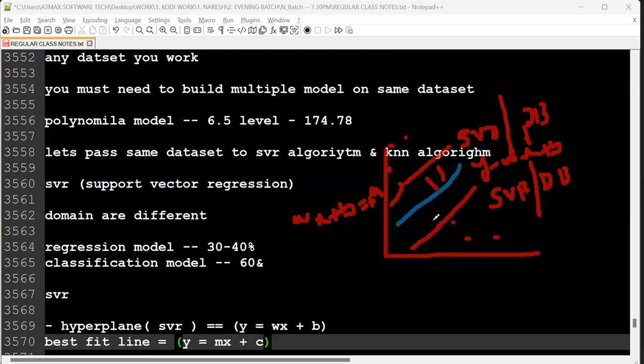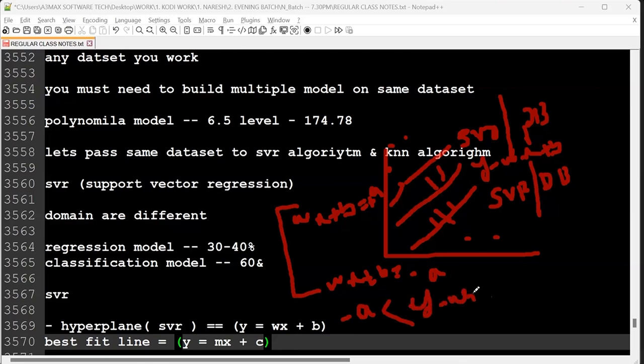This is negative distance. So that's why I can write Wx plus b equal to minus a. Hence, I can find the final equation: minus a is less than y = Wx plus b, which is less than plus a. Understand or not? Clear? Second time I explain this.